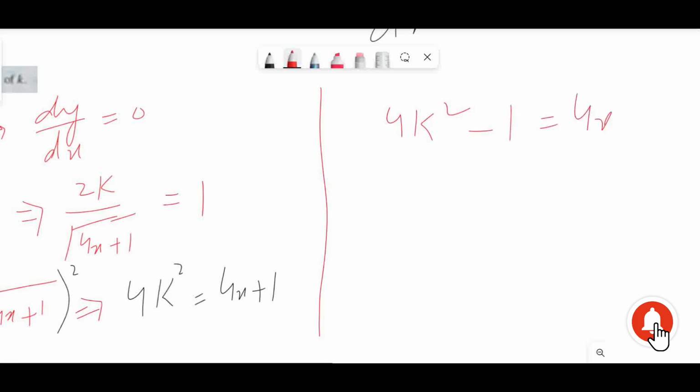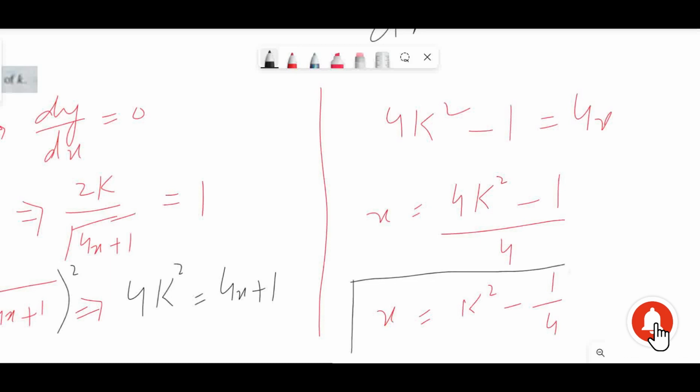And if we rearrange it, x will be equal to (4k square minus 1) divided by 4. And if you want to simplify it, this will be k square minus 1 by 4. Now this will be the final answer. This will be the x coordinate at this stationary point.